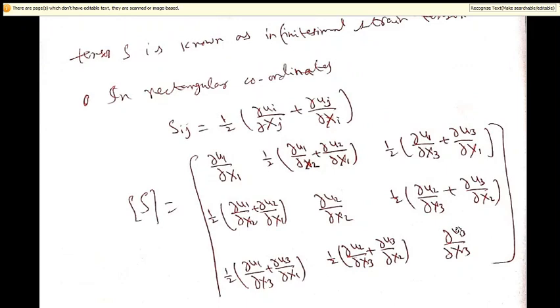This is the form of the strain tensor matrix in Cartesian coordinates, where u1, u2, u3 are the components of the displacement vector u, through which P is transforming from one configuration to another configuration.